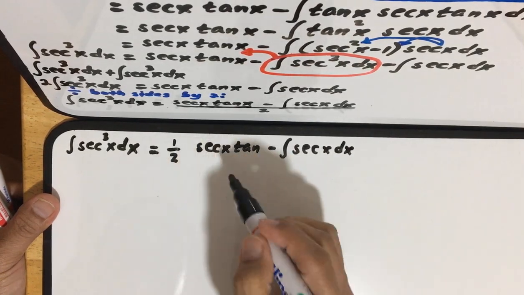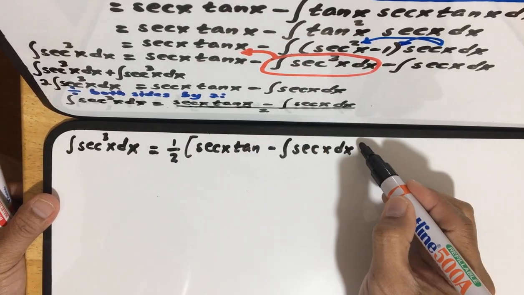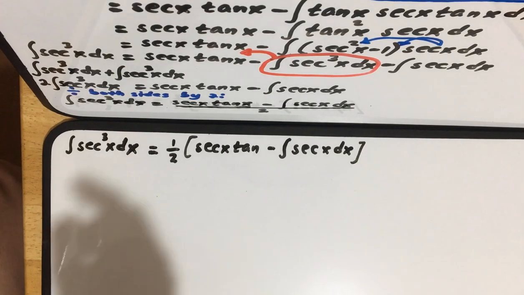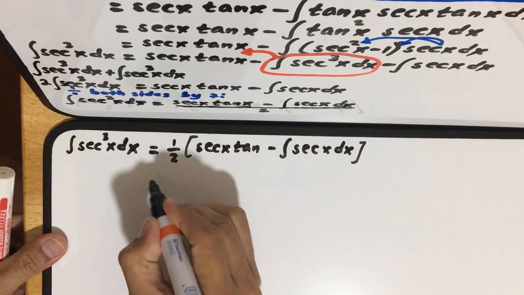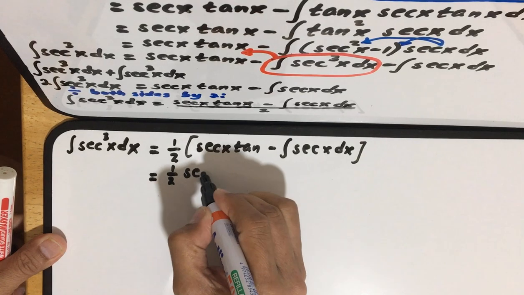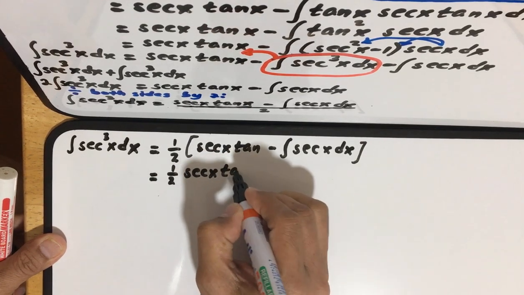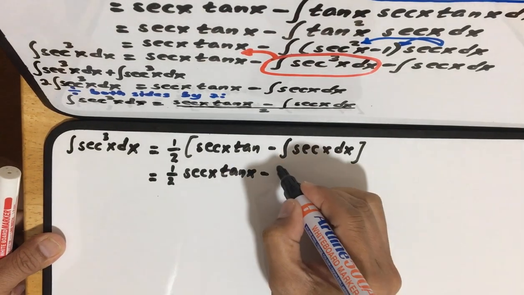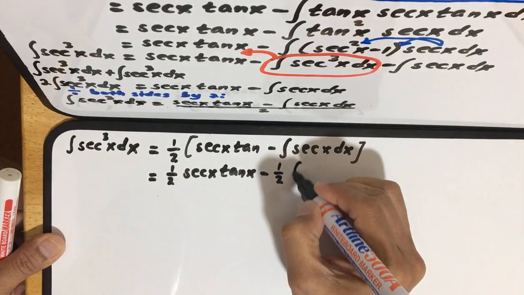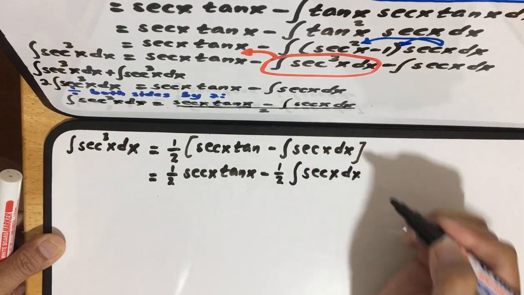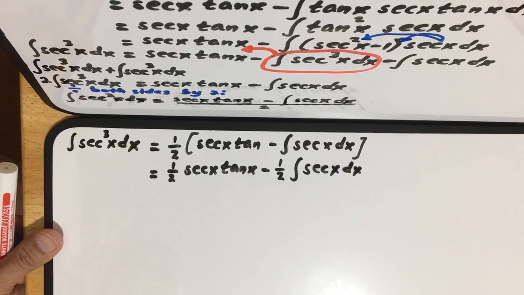The 1/2 here is common to its terms. Or you can distribute 1/2 so that we will have 1/2 secant x tangent x, then minus 1/2 times the integral of secant x dx. So you can also rewrite it that way.